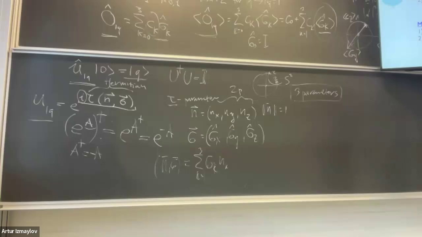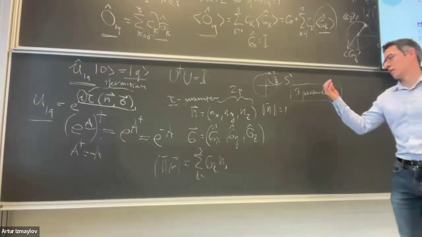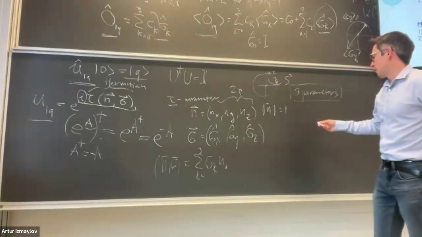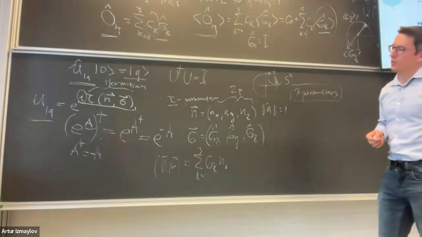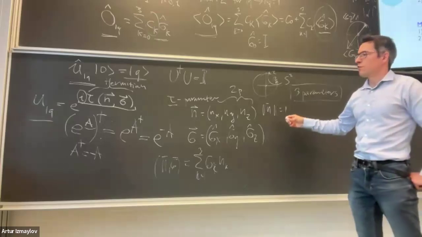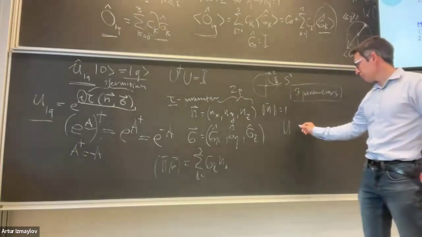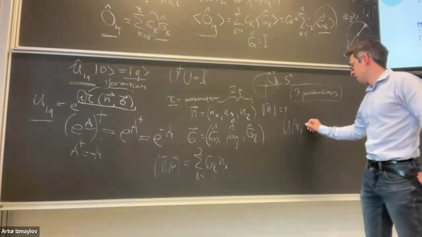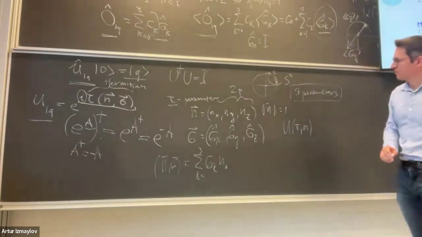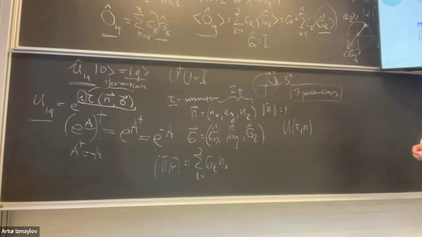And another mathematical fact you could look up, and which will be somewhat important for us in the future, is that these unitary rotations, now described by tau and n, are part of a mathematical construction called a group.